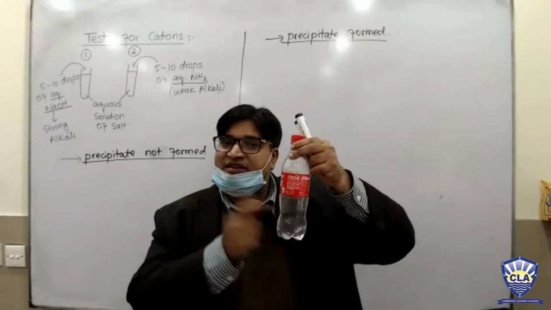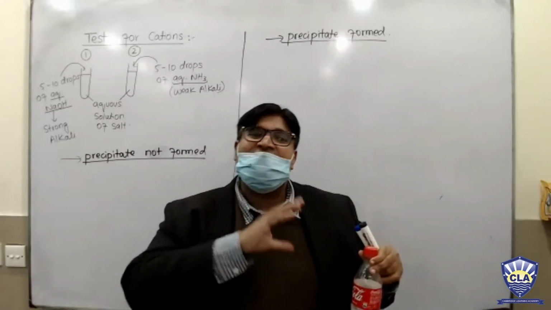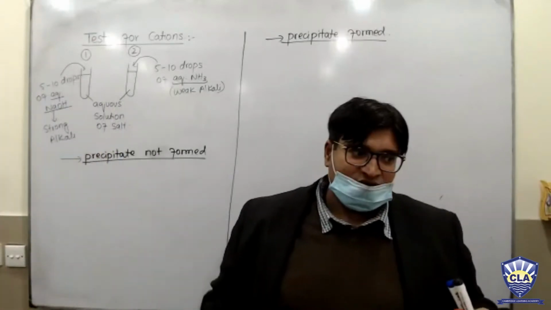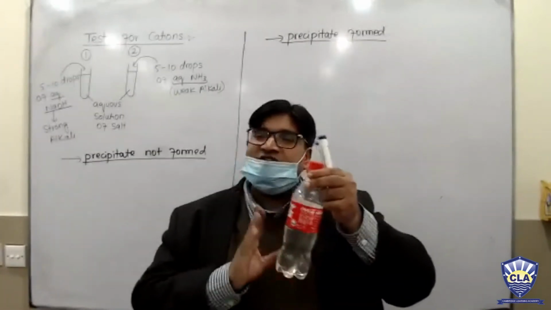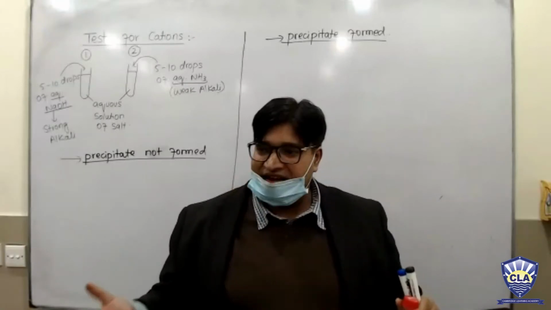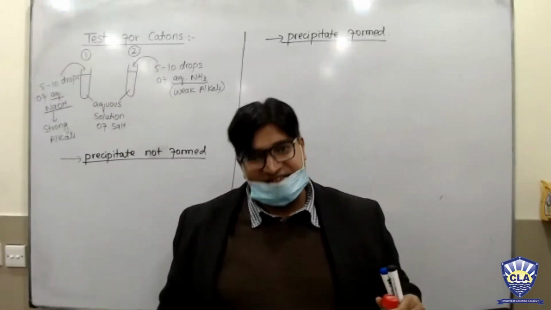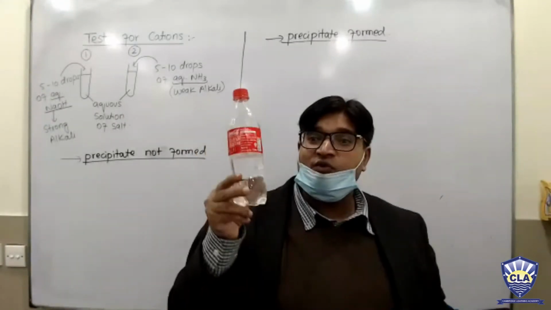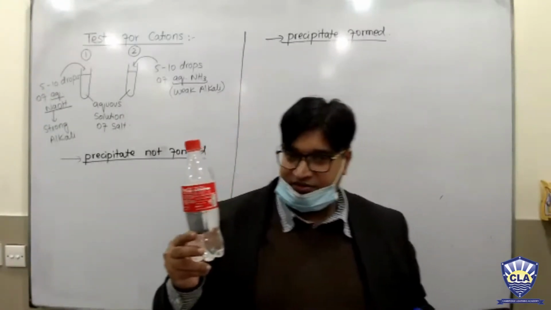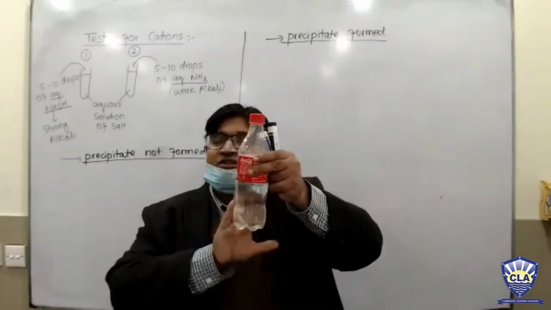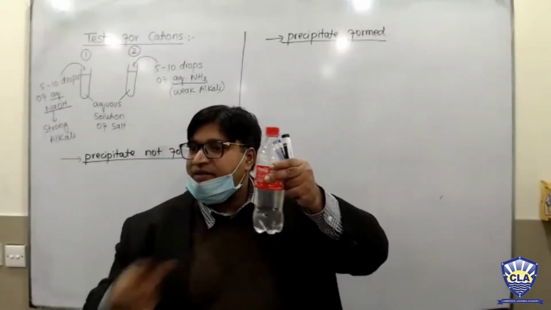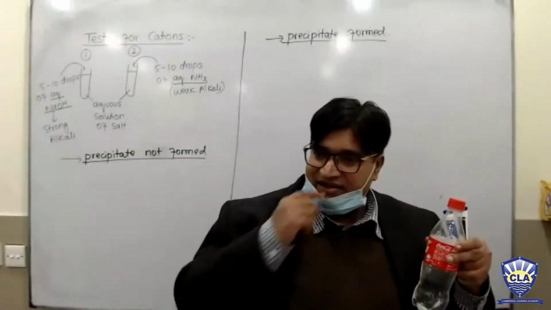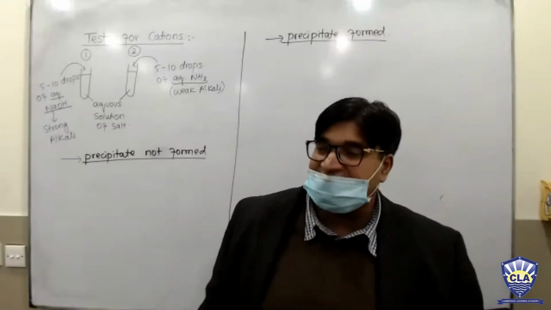So it means the water does not contain any precipitate, any solid particles inside it. You got it? Now, if you fill this bottle with milkshake and I put my hand up there, you are unable to see my hand. So it means it contains precipitate, it contains solid things inside it.